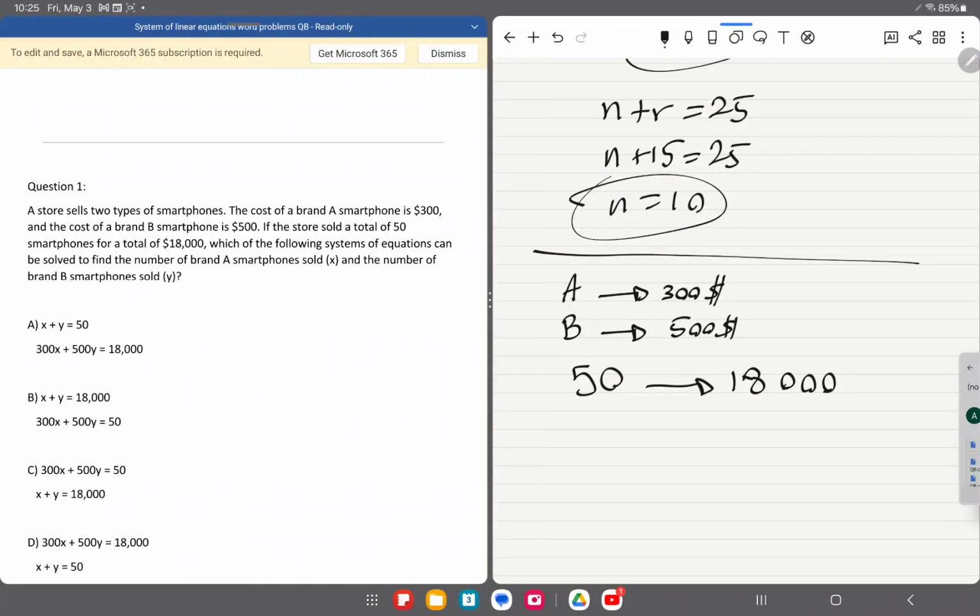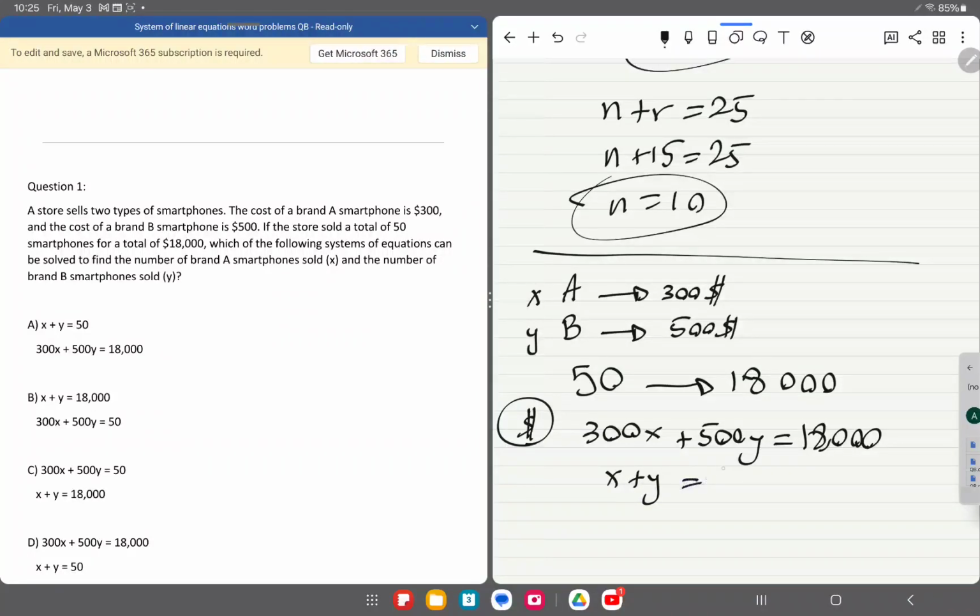Okay, so they're telling us that A is X and B is Y. Now let us focus on dollars. 300X plus 500Y is equal to 18,000. And X plus Y is equal to 50. So which one applies over here? I've got 300x, 500y. Yeah, it's A. So the correct solution is A.